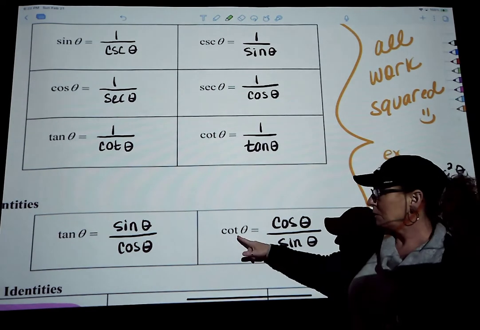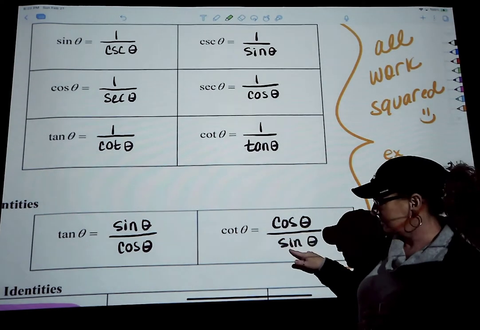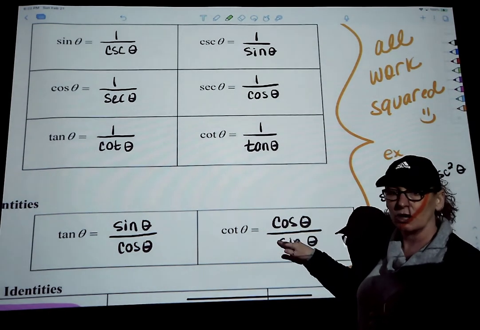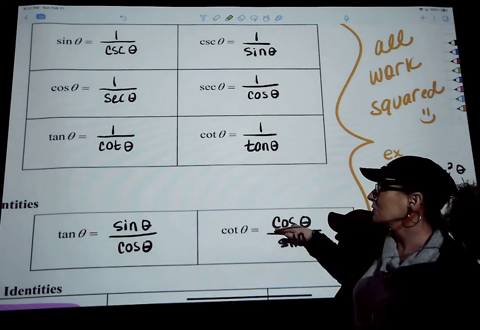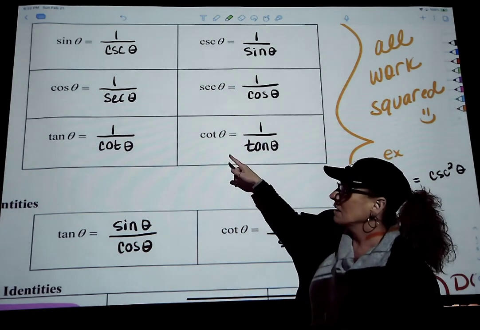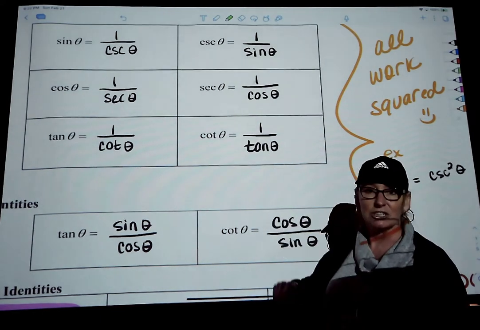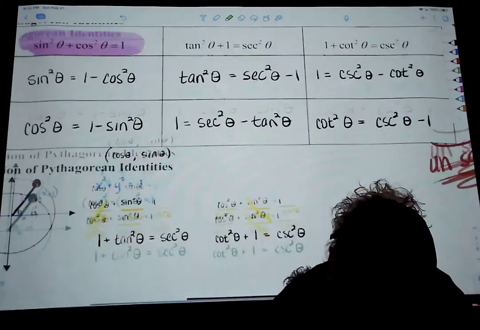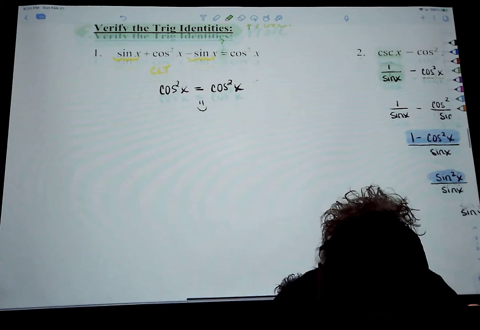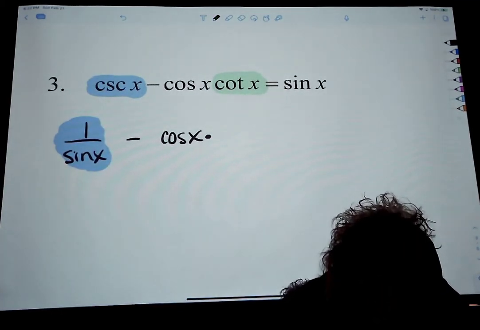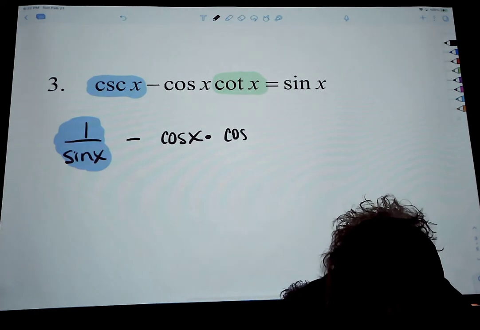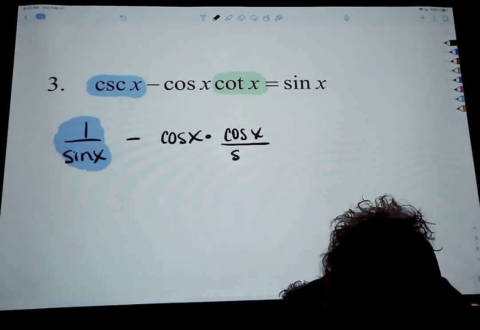So why don't we turn our cotangent into this, because it has sines and cosines, right? If I'm turning everything into sines and cosines, I don't think I want to throw a tangent in there. So cosine over sine. Cotangent is cosine over sine.